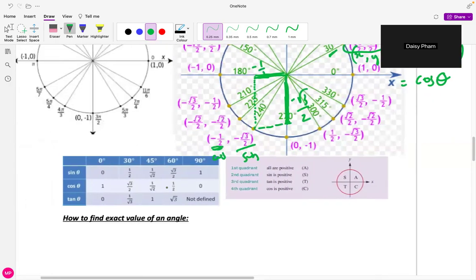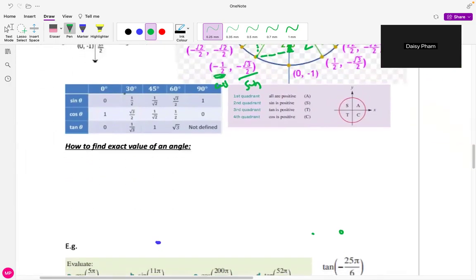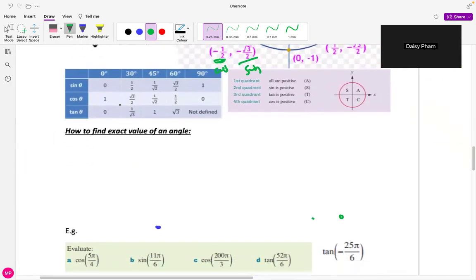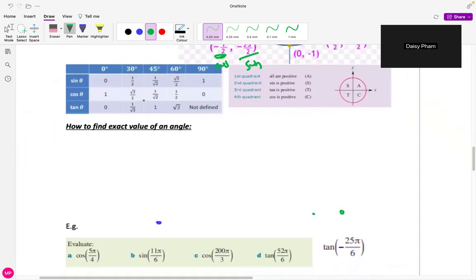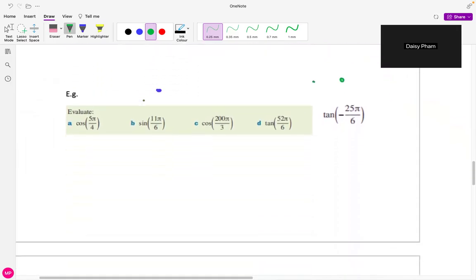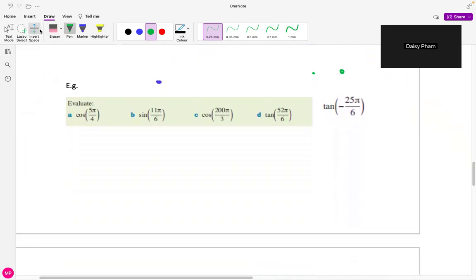All right. Now, if you prefer to memorize in the table, that's okay too. And we're going to learn how to find the exact value using either method. Now, let's say you want to do cos of 5 pi over 4. I'm going to show you two methods.